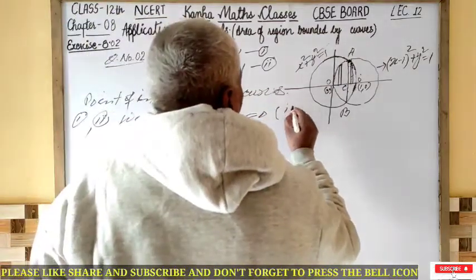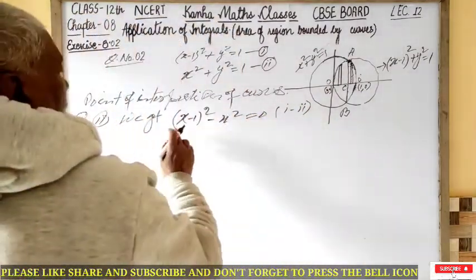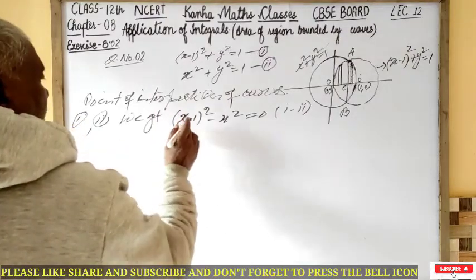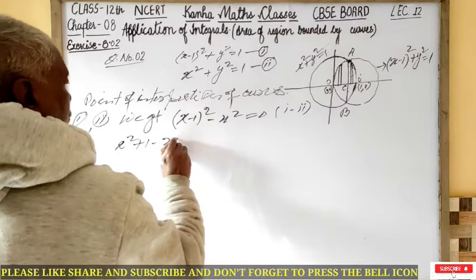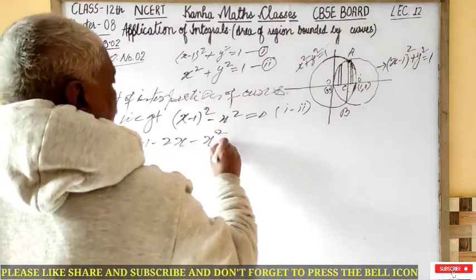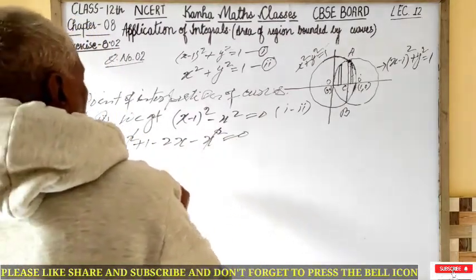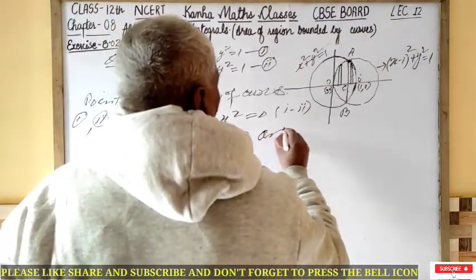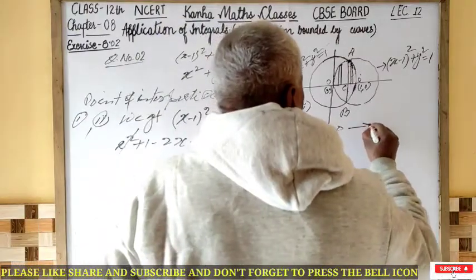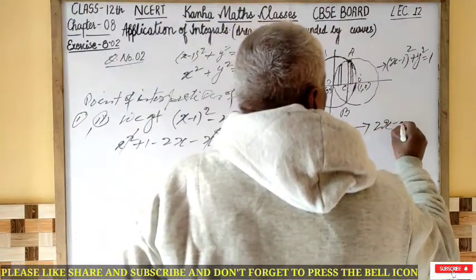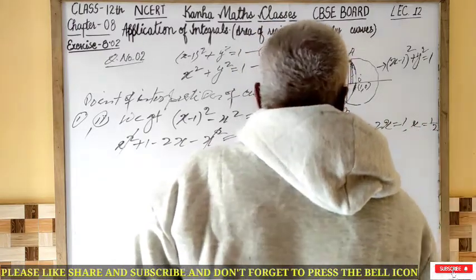If you expand this, x square plus 1 minus 2x minus x square is equal to 0. x square will be cancelled by x square. Here 1 minus 2x is equal to 0, means 2x is equal to 1, means x is equal to 1 by 2.